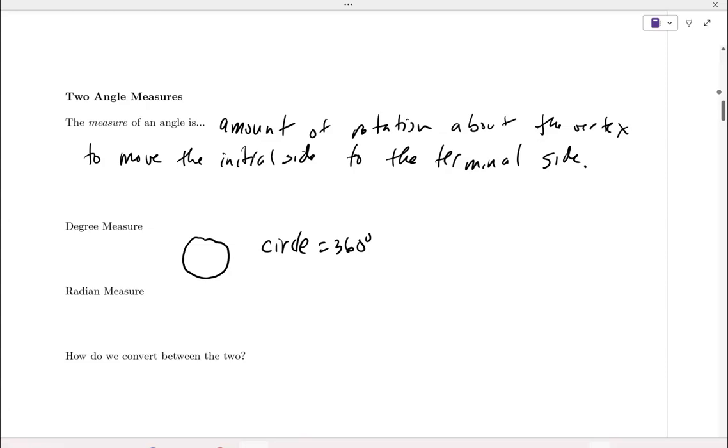Now that we've done positive and negative angle measure, you should be able to tell me a positive or a negative. If I go this way around the circle, that would be positive 360. If I go this way around the circle, that's a negative 360, right? So when you do degree measure, it's dividing a circle into 360 equal parts.